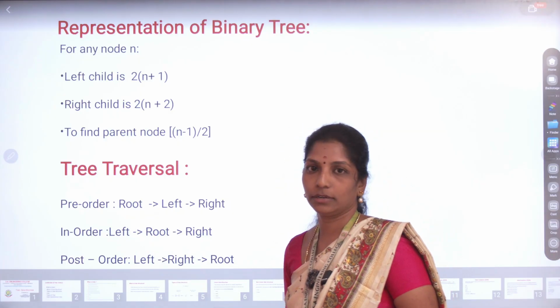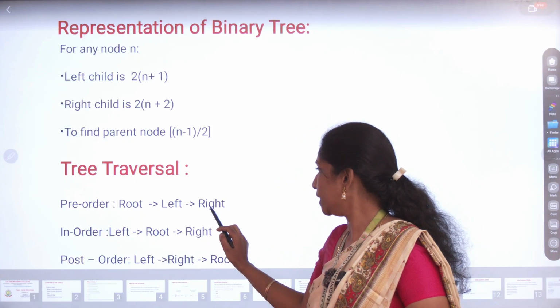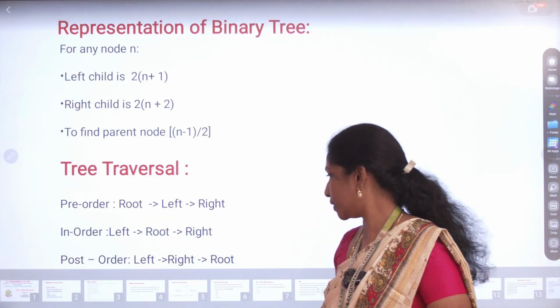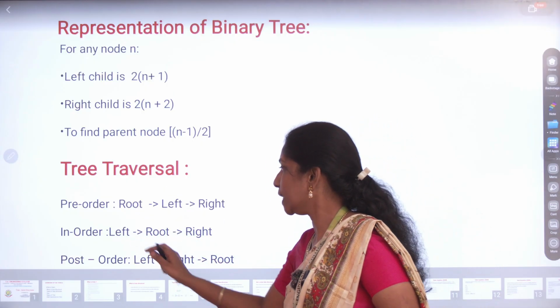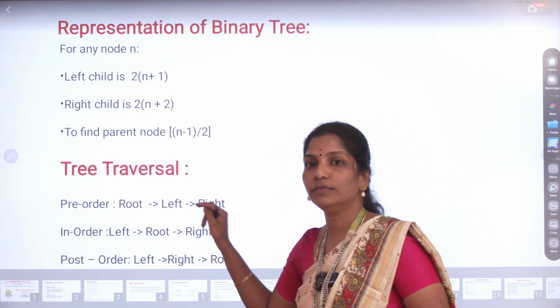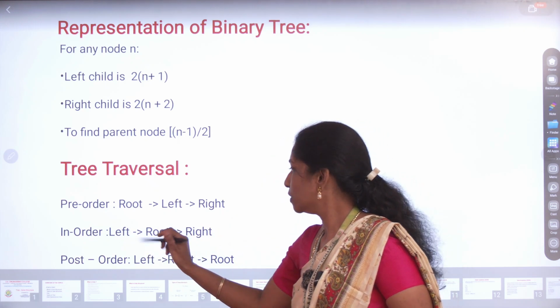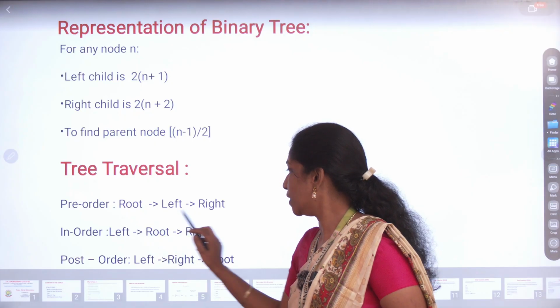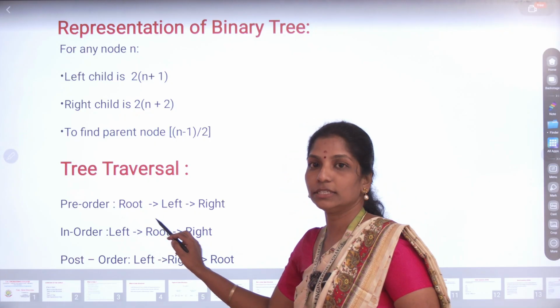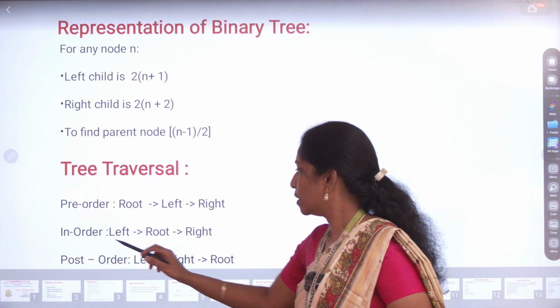That is pre-order. In in-order, in between left and right, the root will be there. Just note down: in between left and right, you will have the root node. That is called in-order.